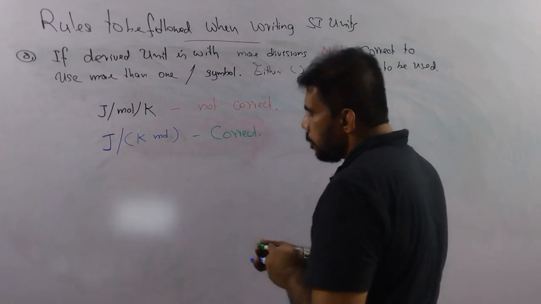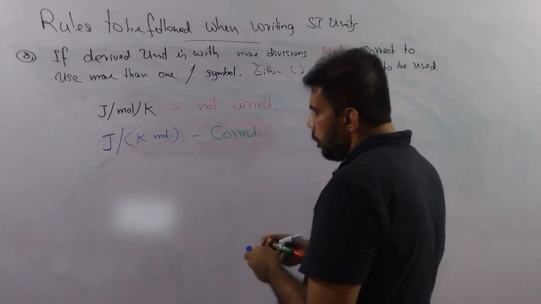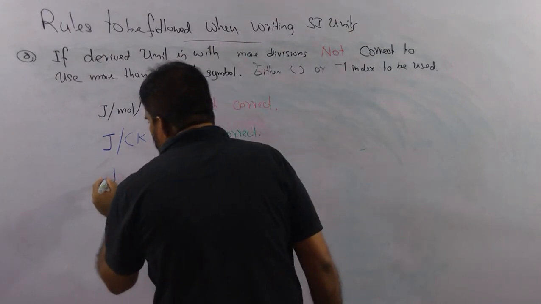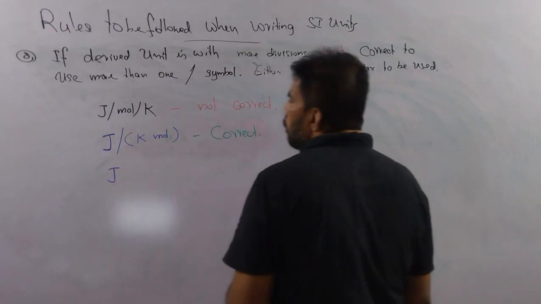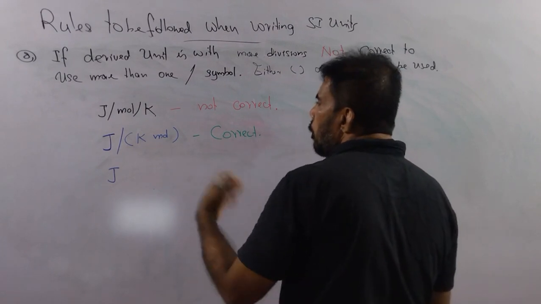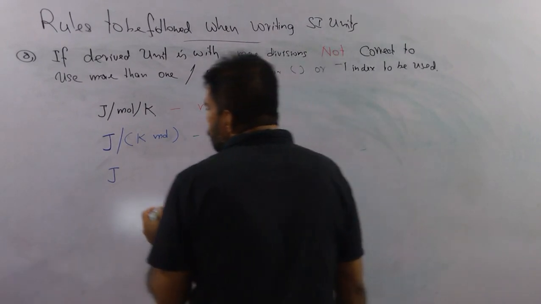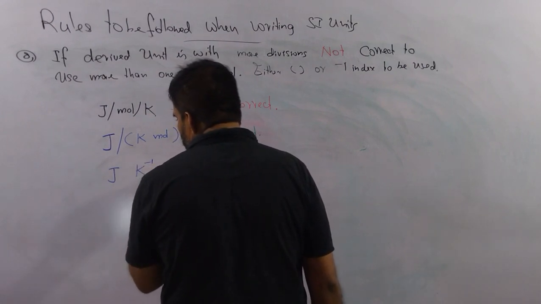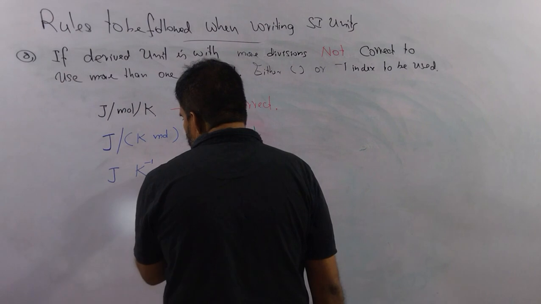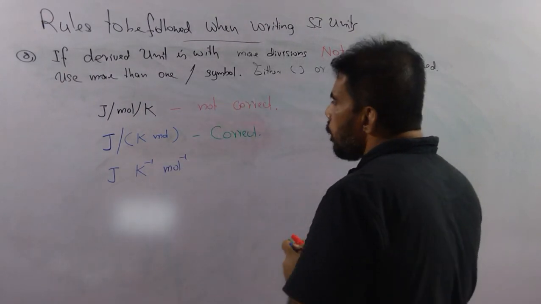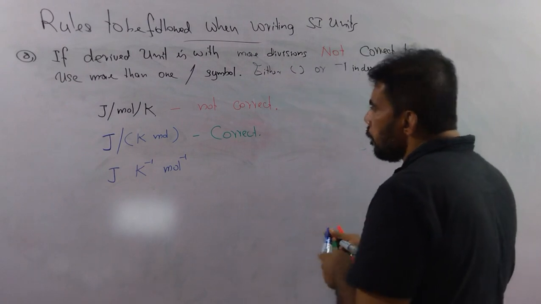Or else we can write joule, then both Kelvin and mole I'll take to the numerator by changing its index to -1. Then this is also correct, but always you are keeping a space in between. This is correct.